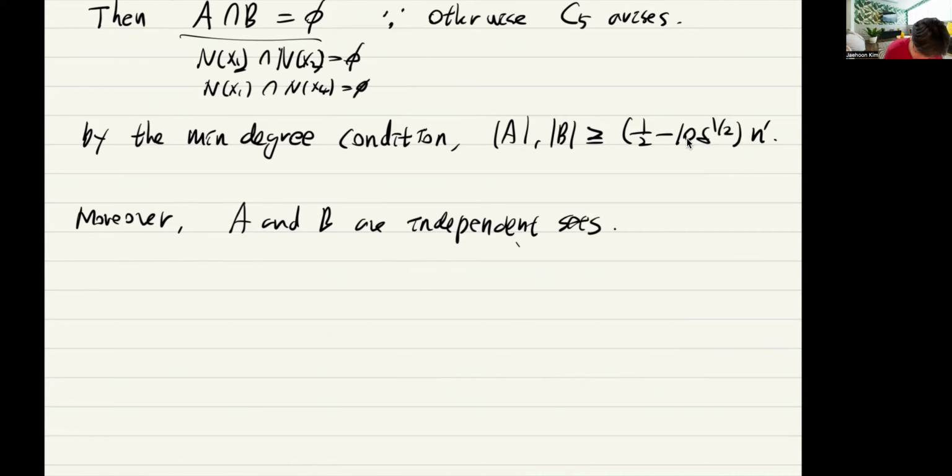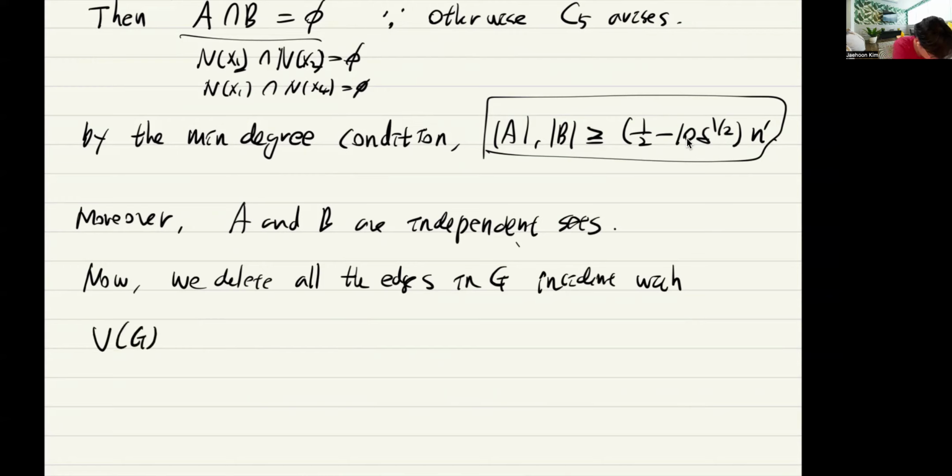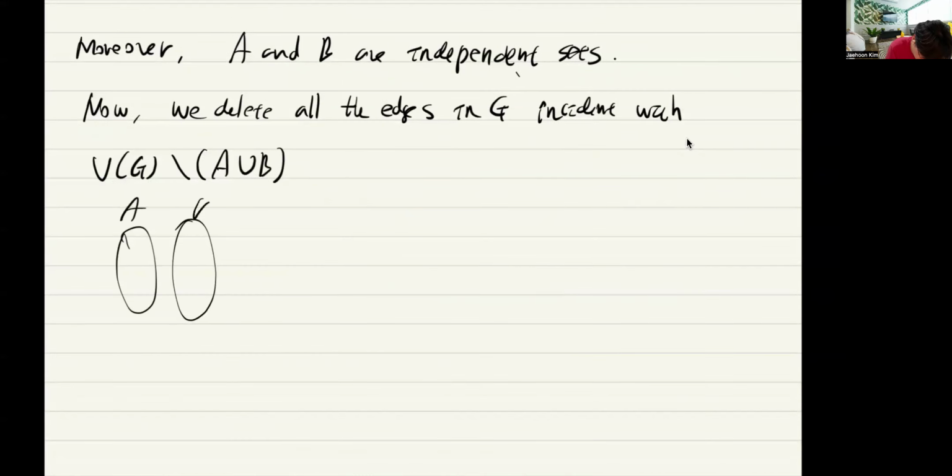Then what? If A, B are large, now we delete all the edges in G which are incident with all vertices not in A and B. So you have A and B, and they are independent, so there is a bipartite graph between them.